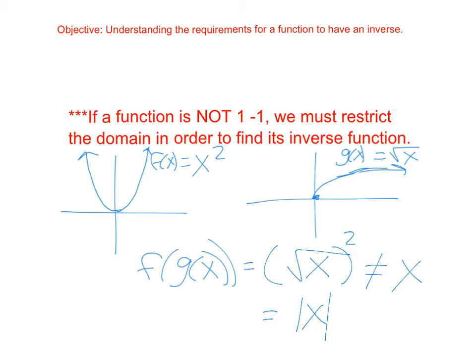And it has to do with the domain, because f of x, x squared, is not 1-to-1. So instead of having f of x be all real numbers, I'm just going to take off part of it. I'm going to say the domain of this is 0 to infinity, or x is greater than or equal to 0. Now, those are inverses, and it does work.